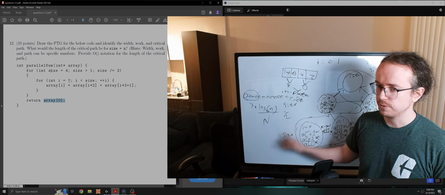So we want to work with size over t. So here, the location is going to be A plus, so A is the beginning of the array. A is the address of the beginning of the array. A plus size over t.